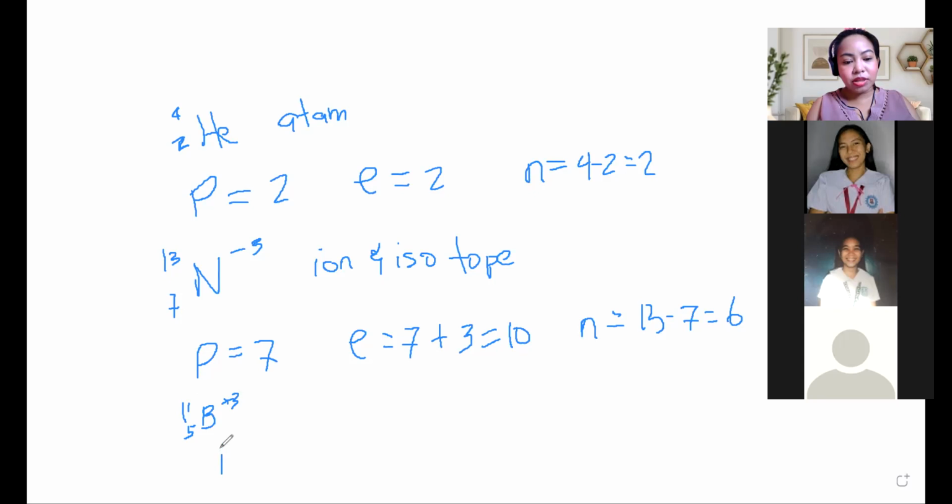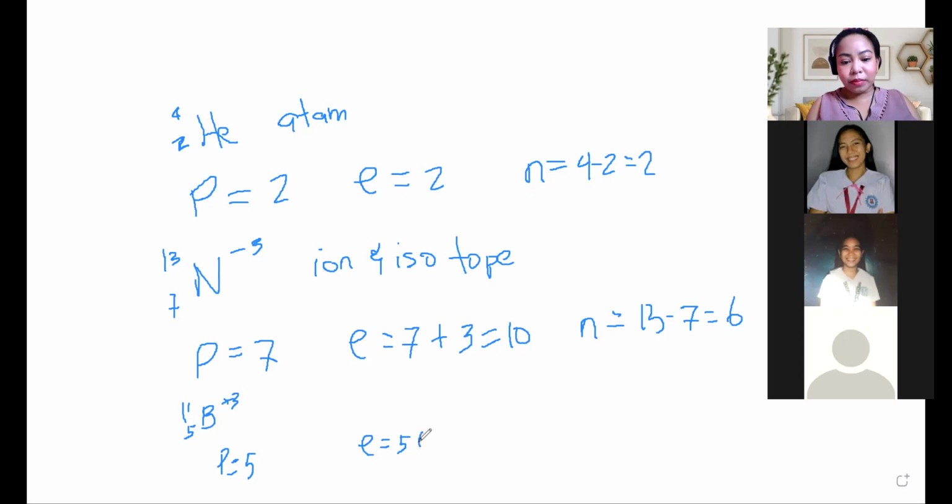How many protons are there? 5. How many electrons are there? 2. Very good. So you have 5. Since you have here positive 3, it means that the protons exceed by 3.